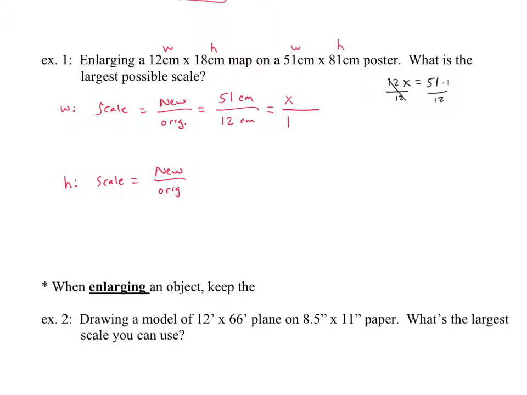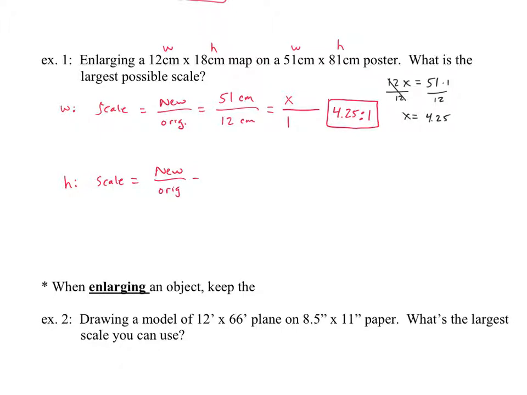Divide both sides by 12, and x ends up being 4.25. So for this top one, I have 4.25 over 1, or a 4.25 to 1 ratio. Because it's centimeters for both of them, I don't have to put units in. So 4.25 to 1. It's going to get 4.25 times bigger.